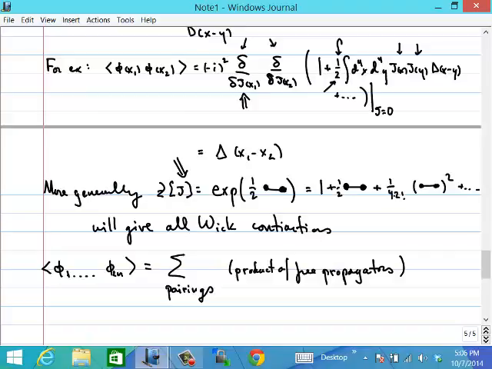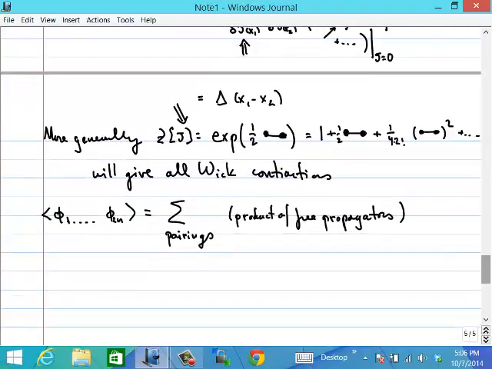Yes. Well, I called J of x a source because it represents a source. Okay. Because what is J of x? Well, we introduce J of x by saying S goes to S plus the integral d4x J of x phi of x.